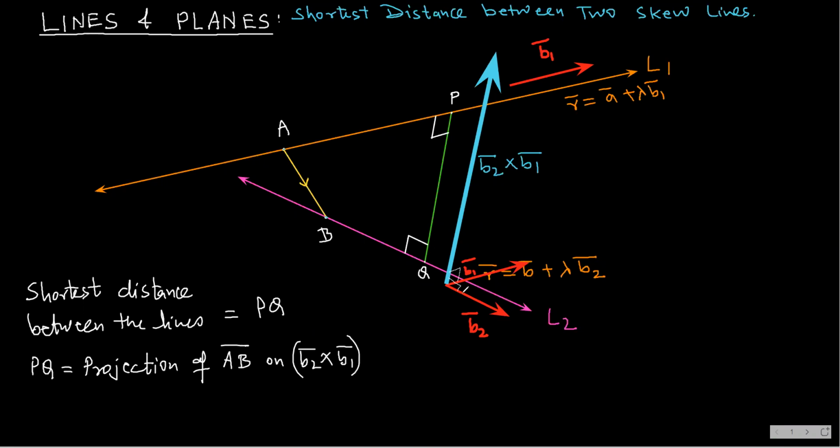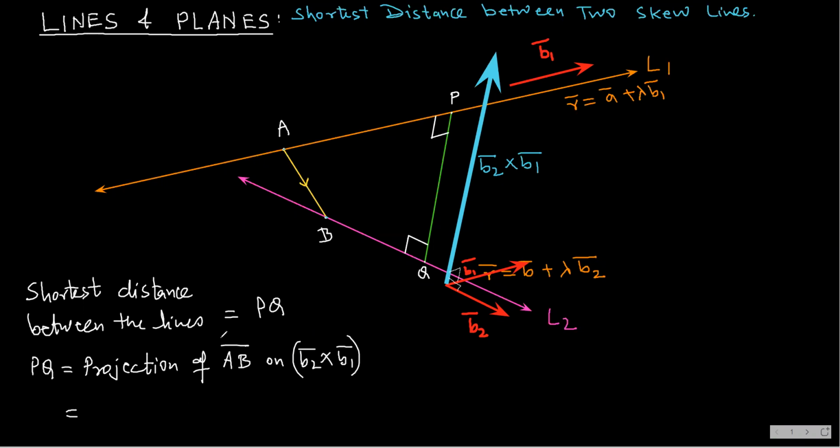Now this B2 bar cross B1 bar is perpendicular to B2 bar and B1 bar. It means it will automatically be perpendicular to L2 and L1, and it means it is parallel to PQ. So in order to get PQ, what you will do? You will project AB bar on B2 bar cross B1 bar.